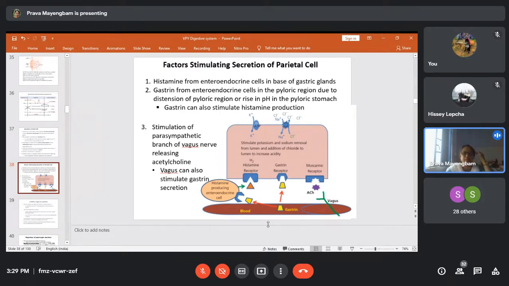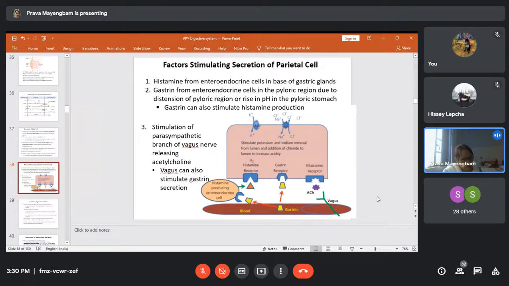And gastrin production will increase as and when there is distension of the pyloric region, or when there is a rise in the pH, that means a fall in the acidity. So all these factors are responsible for stimulating the secretion of parietal cells.